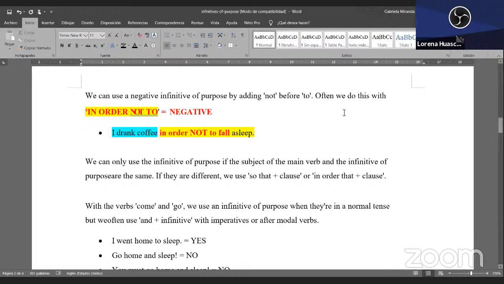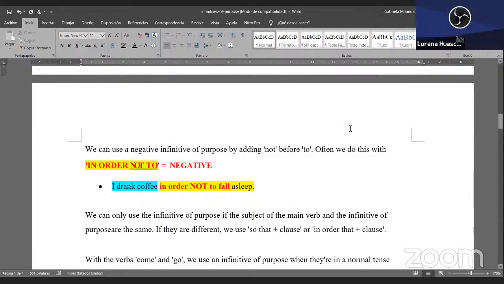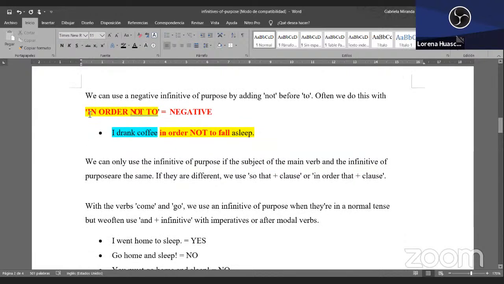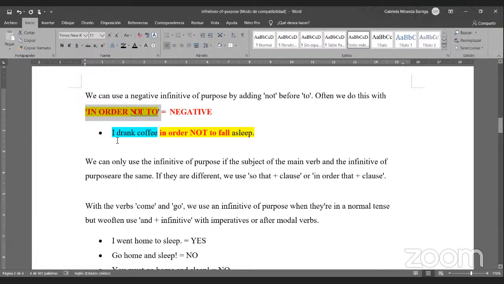So the negative, I will put it in the tense, not in the purpose. But when we use in order to, we have to put the negative in the purpose. So my negative is going to be in order not to. This means para no. I drank coffee in order not to fall asleep.